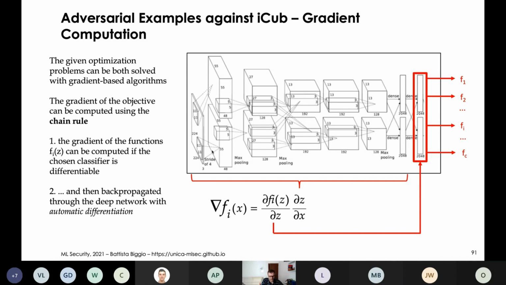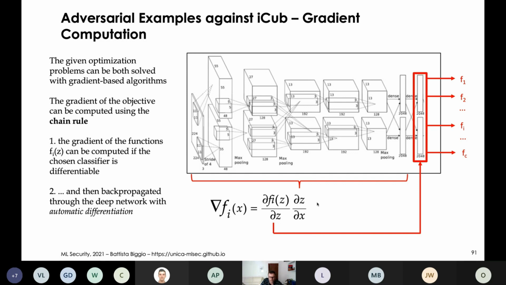And this can be obtained essentially by backpropagation, as you did during the training process. It's the same functionality. And in all these modern libraries like PyTorch and TensorFlow, this can be efficiently computed by automatic differentiation. I don't know if you are familiar with automatic differentiation.